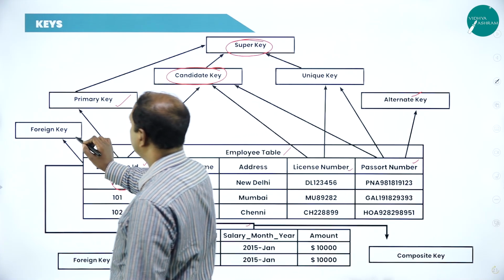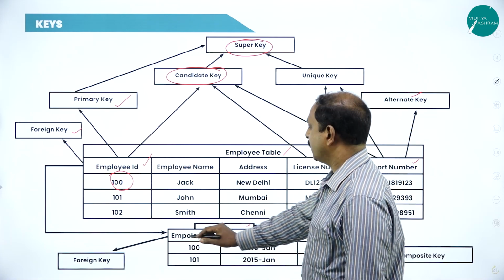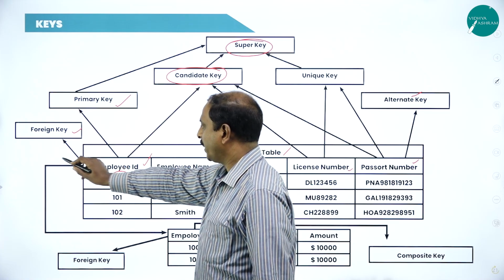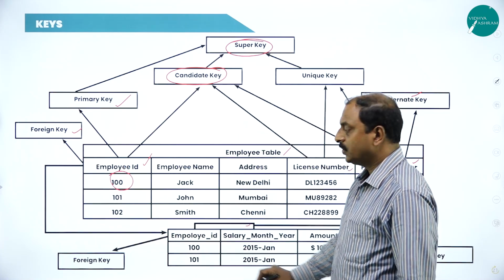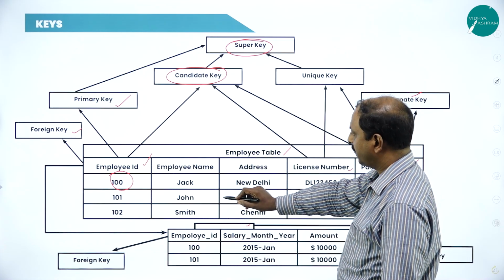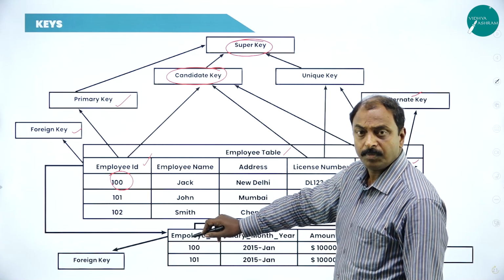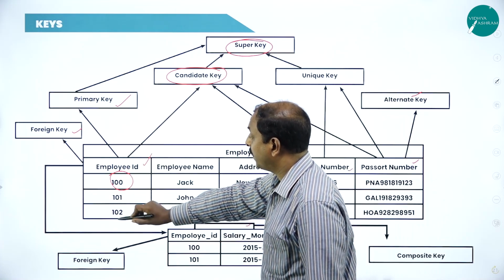Now look into the foreign key. If you look at this foreign key, this is another table. We have connected this table with employee ID here, and look at the arrow mark. This is employee, and this is another table. This table is built with the help of this particular column or primary key.